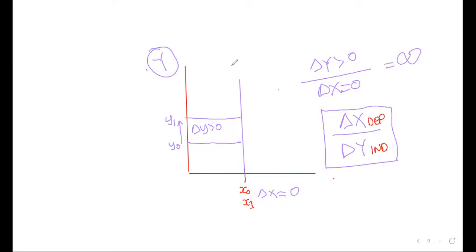So in this same graph, there is no change in x, so this becomes 0. Whatever the change in y, isn't the slope now going to be 0? Do the others agree as well?